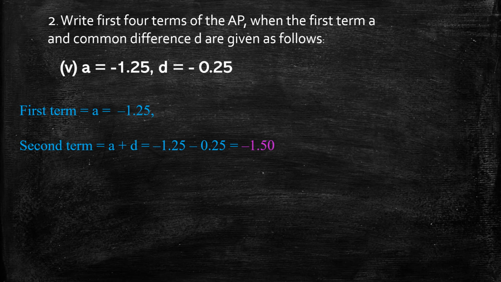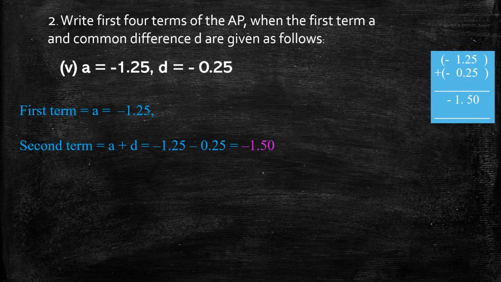So what is the first term? Minus 1.25. What is the common difference? Minus 0.25. So minus 1.25 plus of minus 0.25 gives minus 1.50. So the second term is minus 1.50.